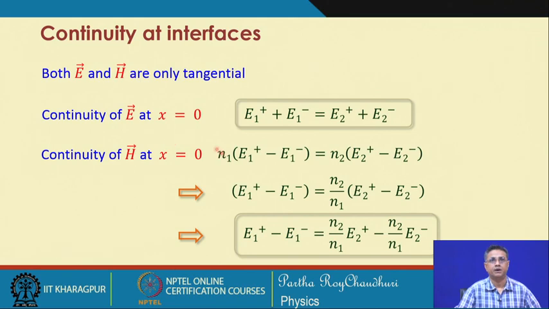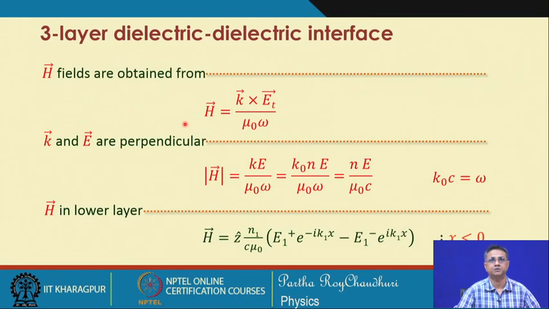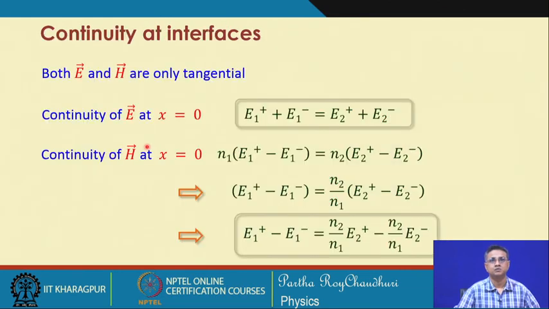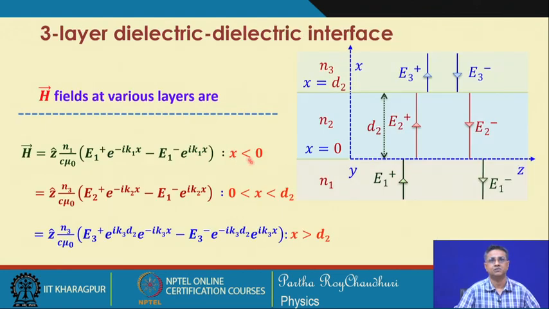Now, using the continuity condition, we can write the first equation at x equal to 0. At x equal to 0, you will have E1 plus E1 minus, and for the H field at x equal to 0, we will have this relation.